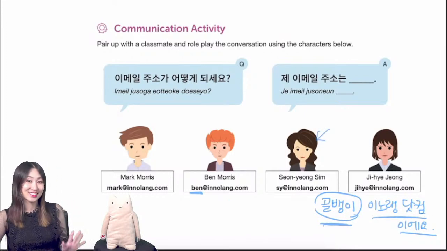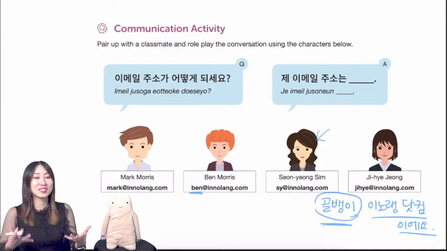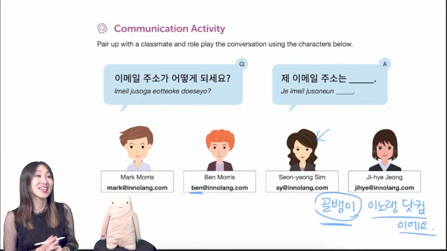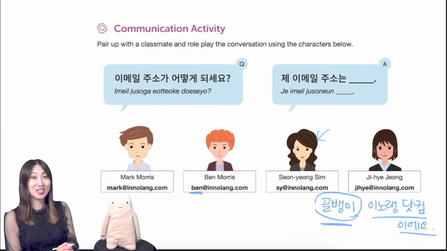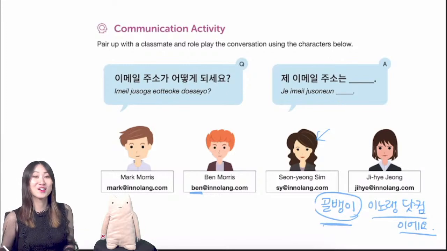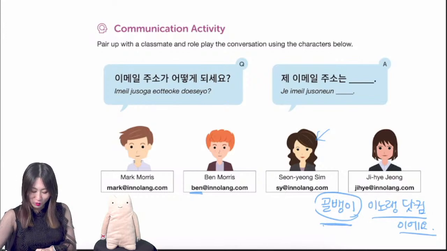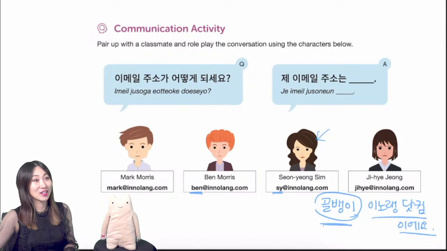Okay. Now let's try this, teacher 심선영. Her name is 심선영. So someone is asking 심선영 씨의 이메일 주소가 어떻게 되세요? And she's saying these two alphabets. 짜잔. Can you read it?